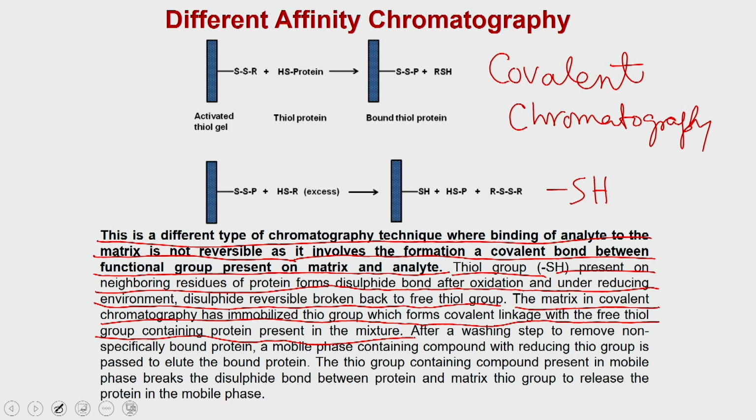So, in covalent chromatography, you have the activated thiol group present on the beads.